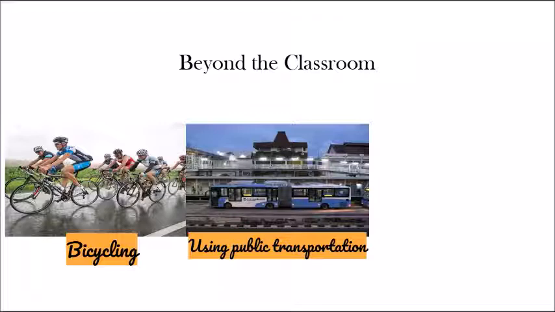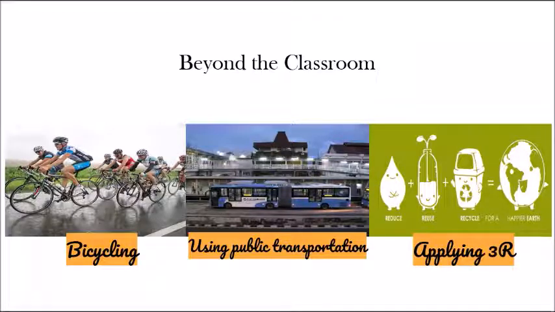And the last is applying the 3R, which are reduce, reuse, and recycle, in order to save our planet. Those are the examples that teachers can show to the students.